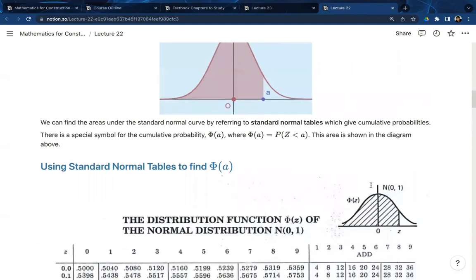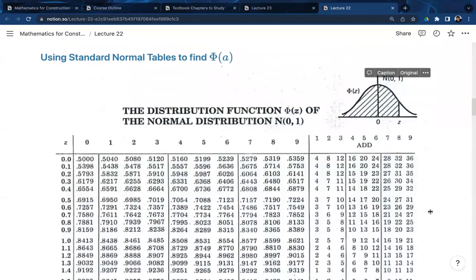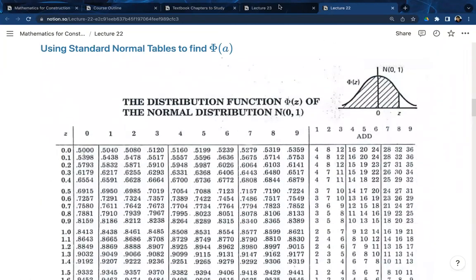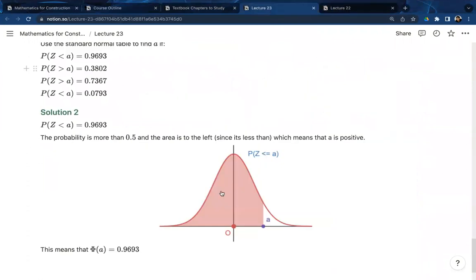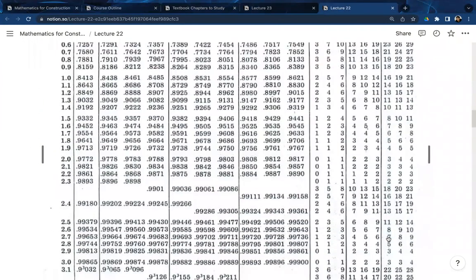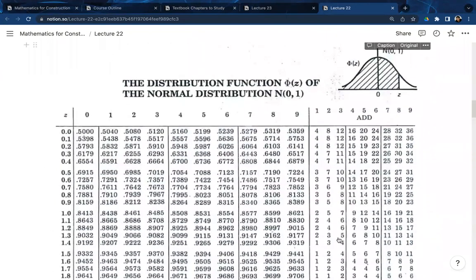The table gives phi of, they're calling it phi of Z here, but I don't want to confuse lowercase z and common z, right? So what we're looking for, we're looking for 9693. Where's 9693? Look to the bottom here, look 9693 here, flush.